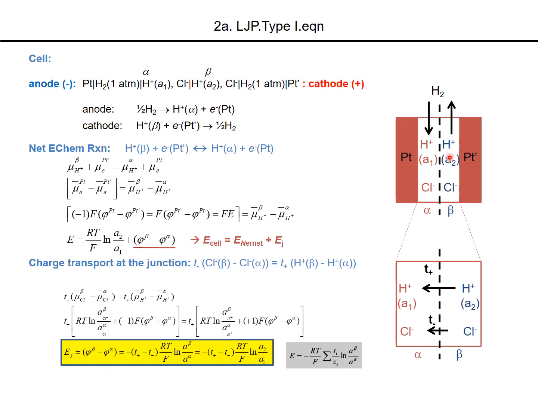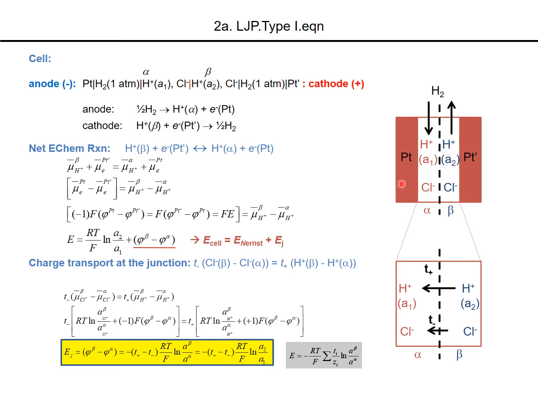So on the right side of the semi-permeable membrane, we have the beta phase of electrolyte, maybe some concentration of HCl there, and on the left side of this permeable membrane, another concentration of HCl is there.